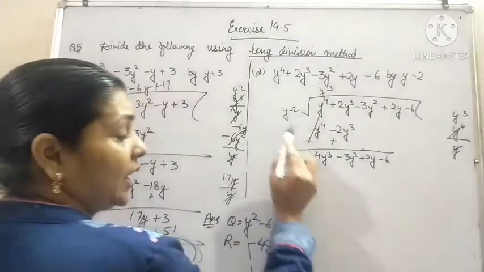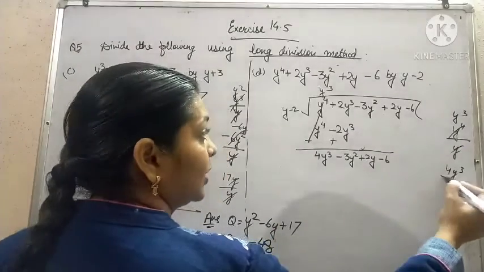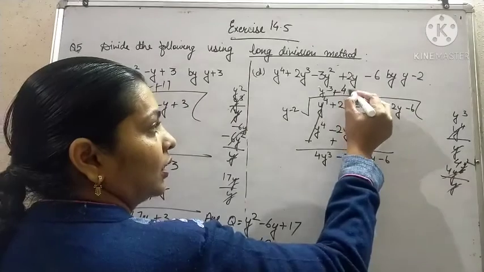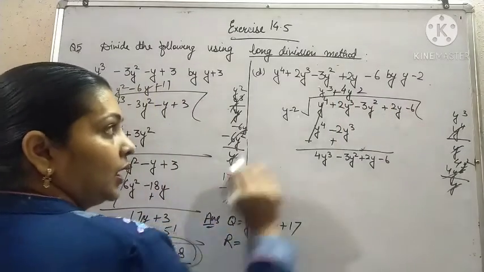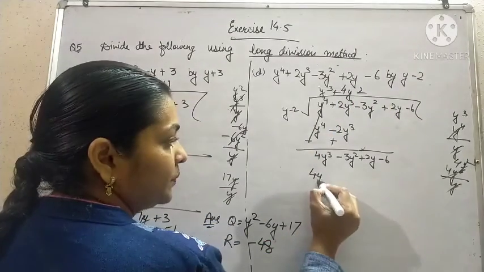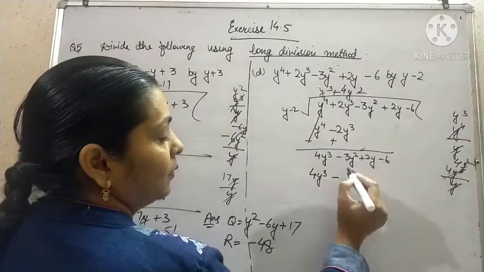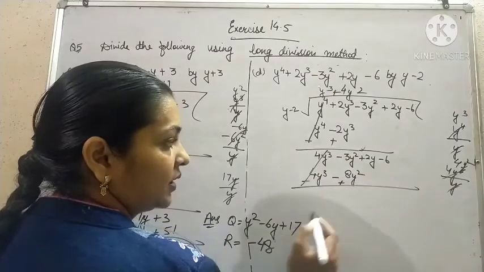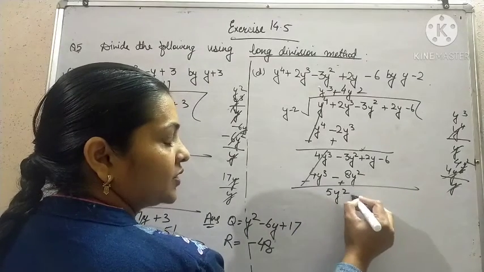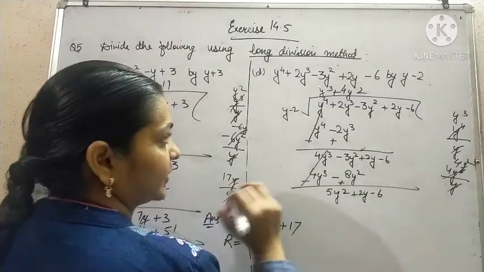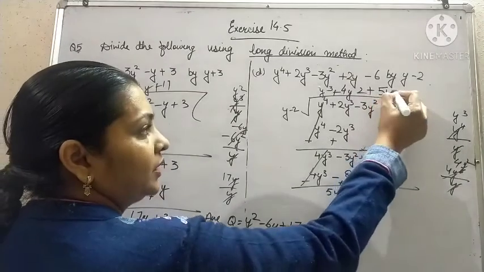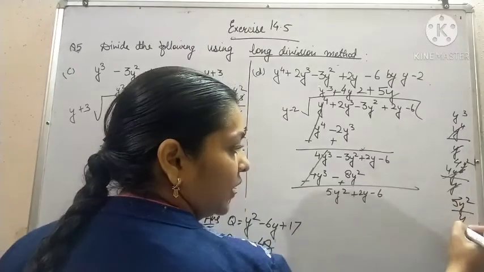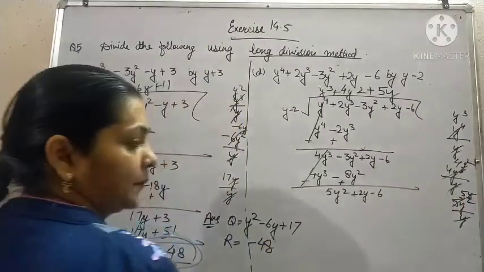Now when we divide 4y cube by y, we will get 4y square. Now do the multiplication. You will get 4y cube minus 8y square. Change the sign and cancel it out. 5y square plus 2y minus 6. Then plus 5y, because when we divide 5y square by y, you will get 5y.